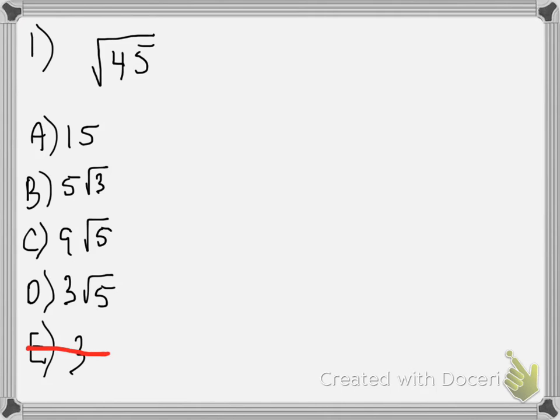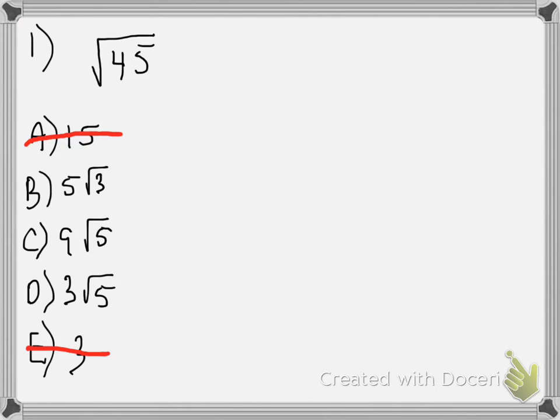And now, I don't care if you know that 15 squared is 225, but hopefully you realize that it's much bigger than 45. Alright. Now, that leaves some of these others to look at. Again, we would be squaring these numbers, or we would be taking the square root of 45 and getting one of these numbers. So we would take one of these numbers and square it and get 45.